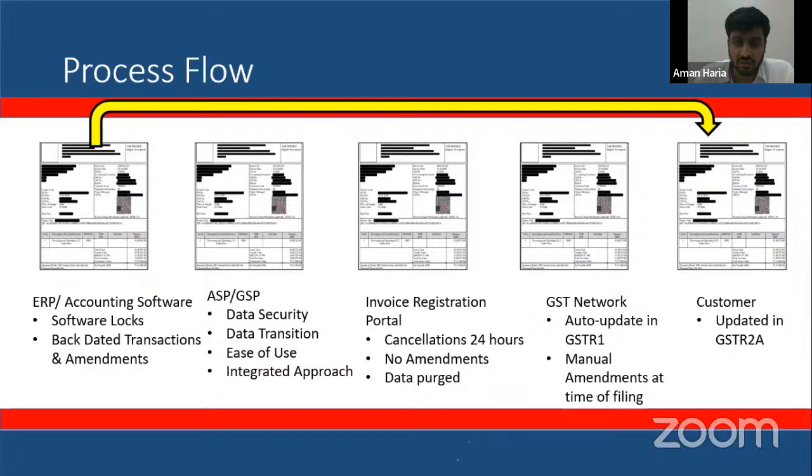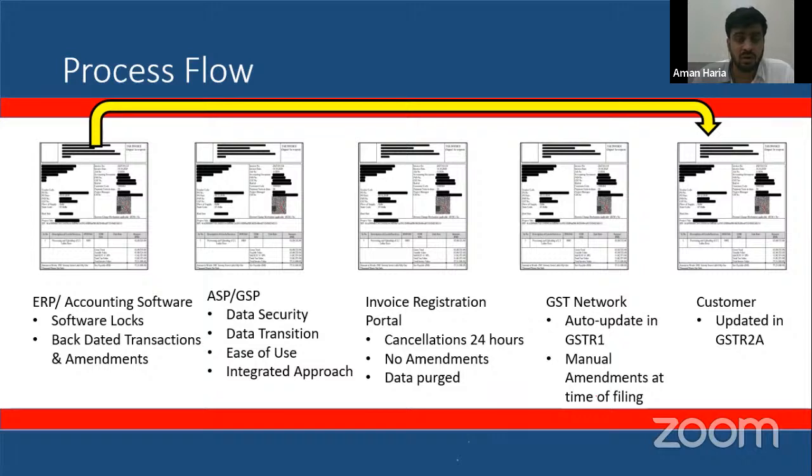Amendments are also not allowed once the e-invoice has been generated. On the e-invoice portal, the government has said that they will not hold the data. The data will be available only for 2 to 3 days, and after that the data will be purged on the e-invoice registration portal. And as we discussed, all of these details will be pushed automatically on the GSTR1.